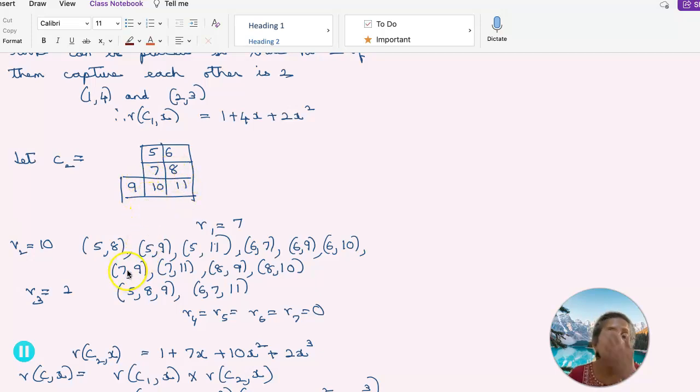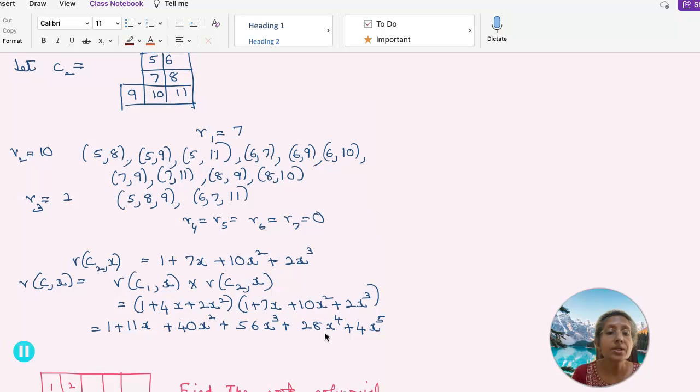And R3 is 2, that is the number of ways in which 3 rooks can be arranged so that they don't capture each other is 2. You have 5, 8, 9 and 6, 7, 11. And the rest of them, R4, R5, R6, R7, what are they? They are all 0. So R_C2(x) will be 1 plus 7x plus 10x squared plus 2x cubed.